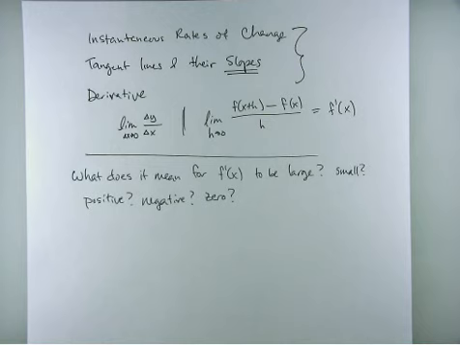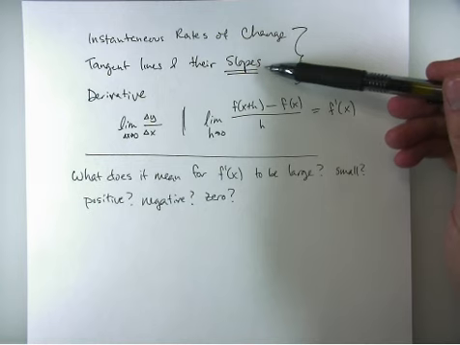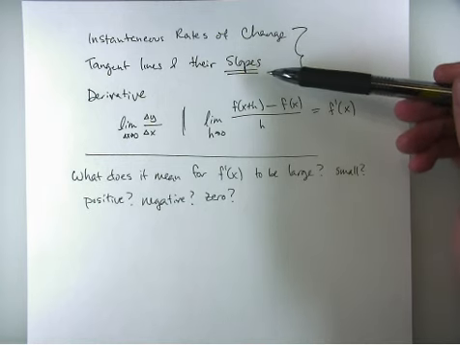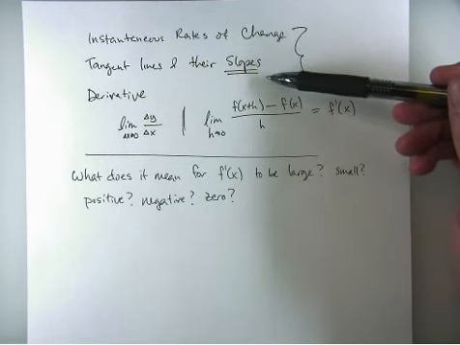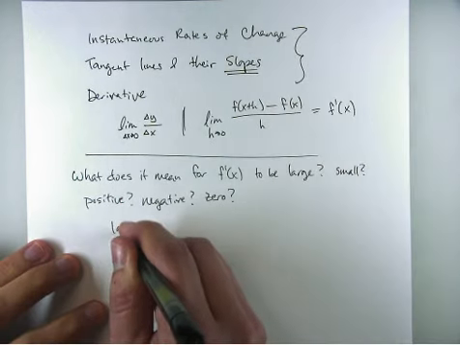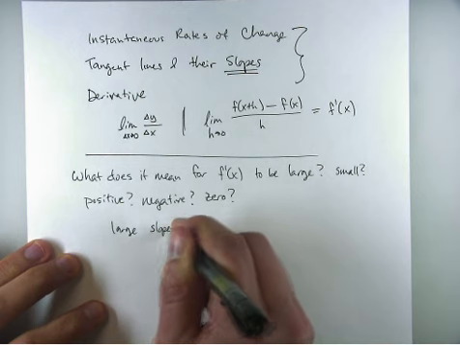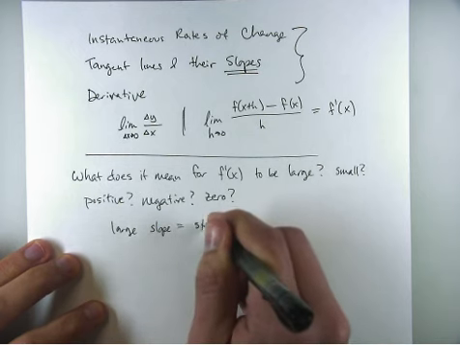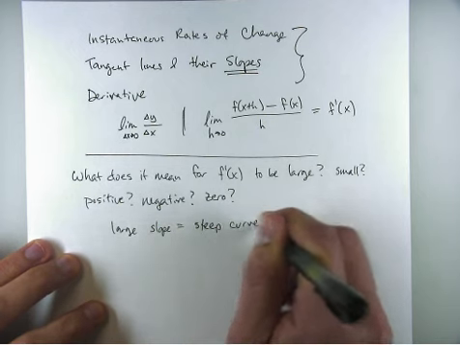So what would it mean if I had a really large derivative? All right, so that's definitely going to be one thing, right? The derivative represents the tangent slope. So if the slope is really, really large, then the tangent lines on that curve are going to be very, very steep, right? So large slopes equals steep curve. Okay?